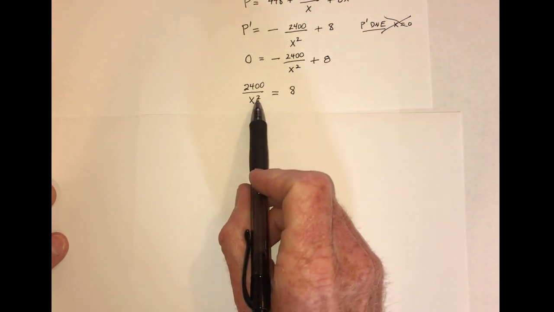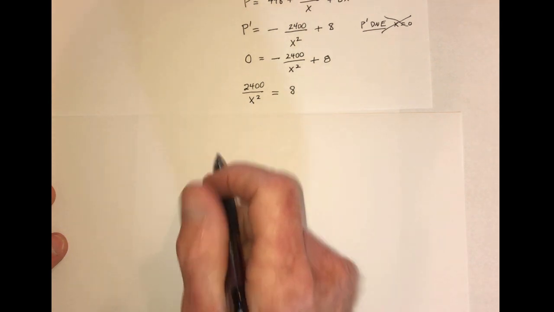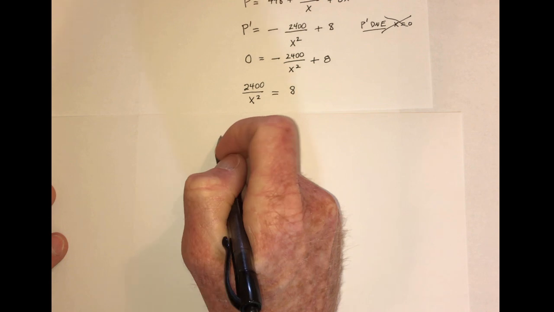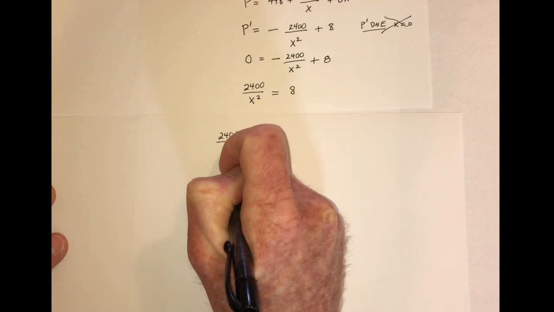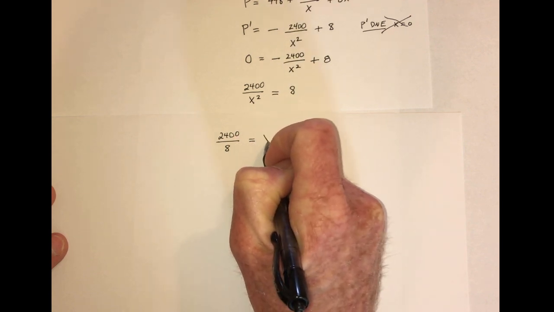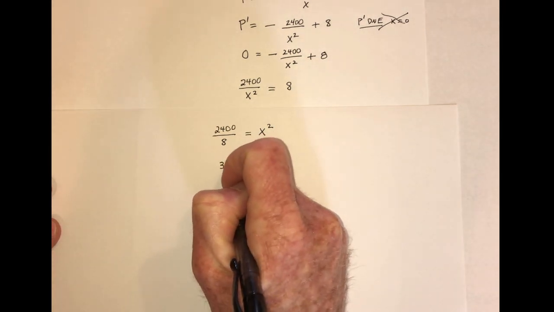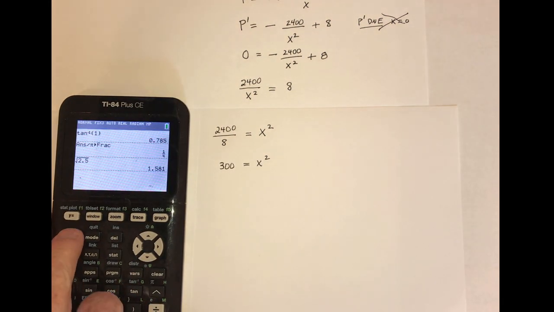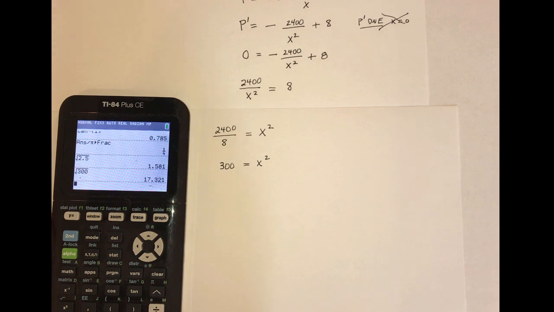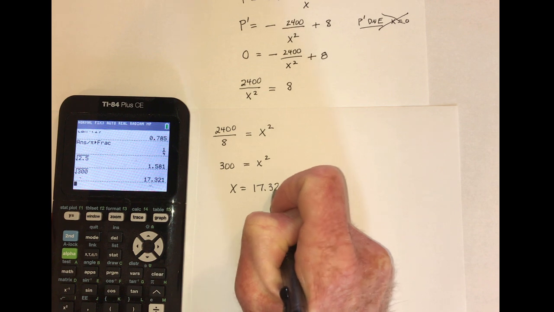Then you could multiply both sides by x squared, and divide by 8. 2400 stays there, divide both sides by 8, and multiply both sides by x squared. So this is going to be 300. Then take the square root of 300. So x is equal to 17.321.